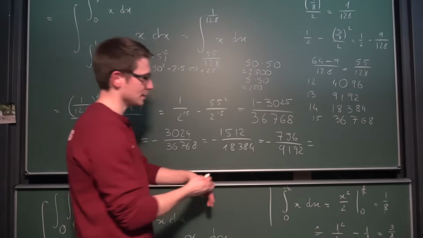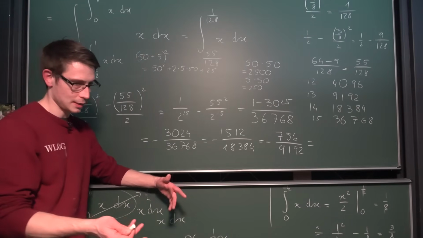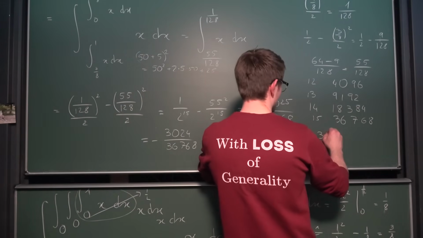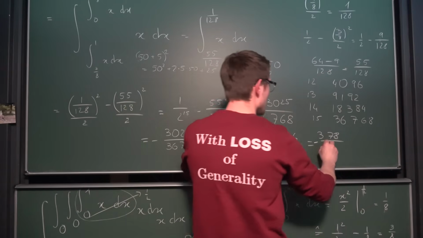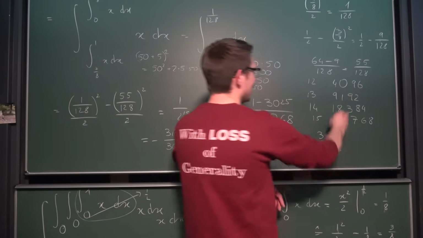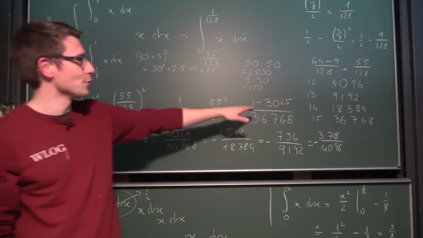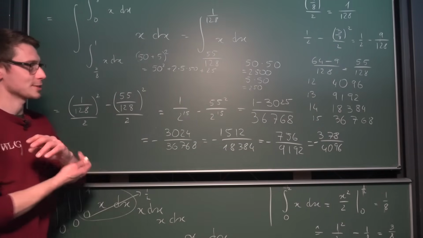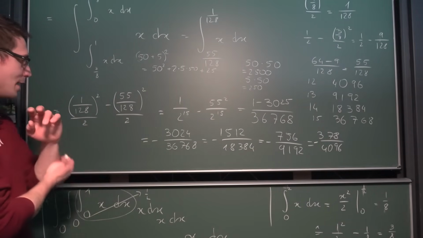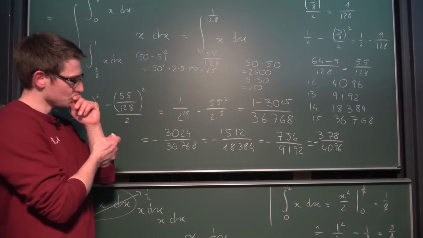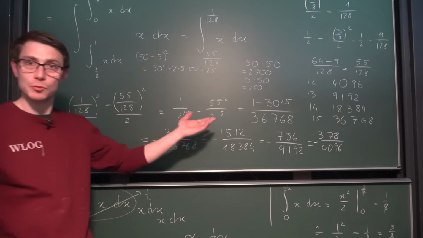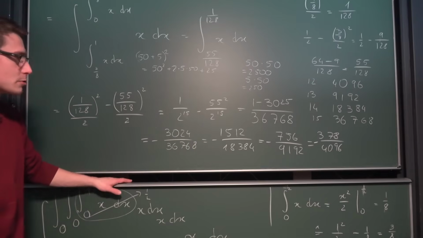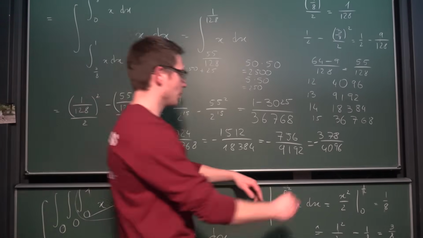So this right here is negative 378 divided by the next iteration, 4,096. I should have computed the first one at first, and then everything should have been easier. And it seems to be a number divisible by 16. 3,024, I didn't know that, divisible by 16. So another 2.